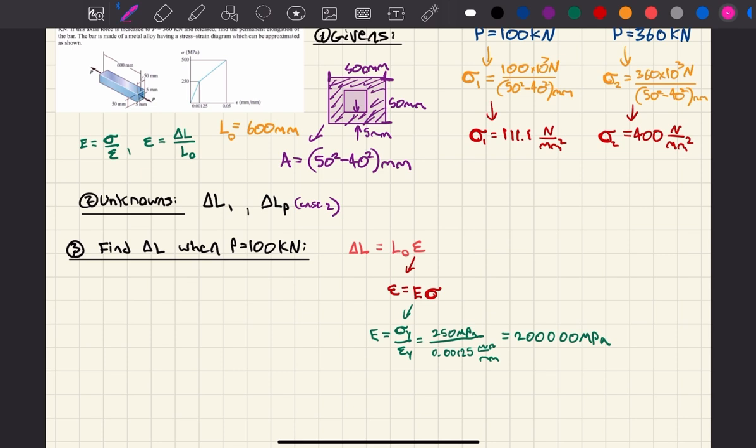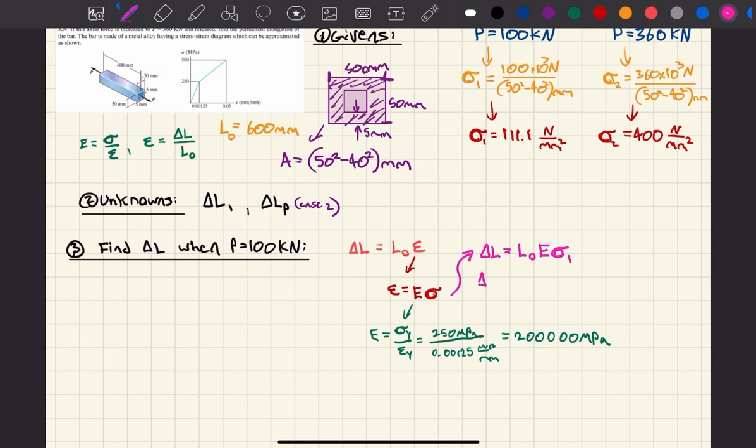So actually, let's just sub in all our numbers now. So I know that the change in length for case 1, when P is equal to 100 kilonewtons and we let go, is equal to the original length multiplied by sigma 1 divided by Young's modulus, right?